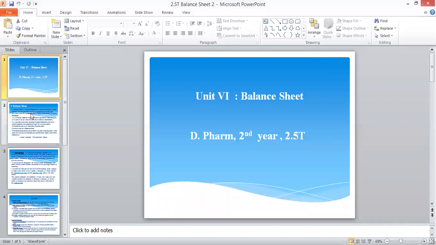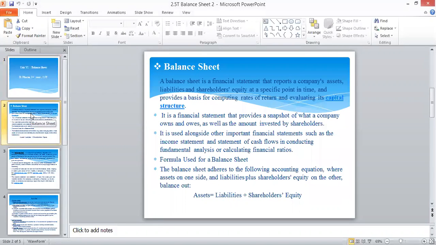Now, balance sheet. A balance sheet is a financial statement that reports a company's assets, liabilities, and shareholders' equity at a specific point in time and provides a basis for computing rates of return and evaluating its capital structure.